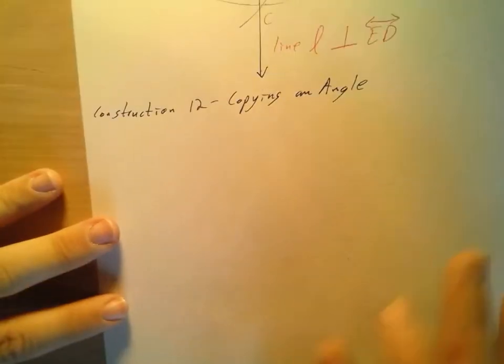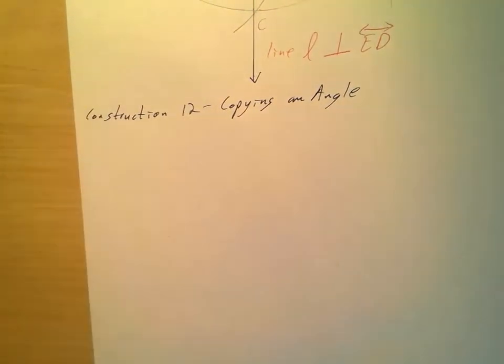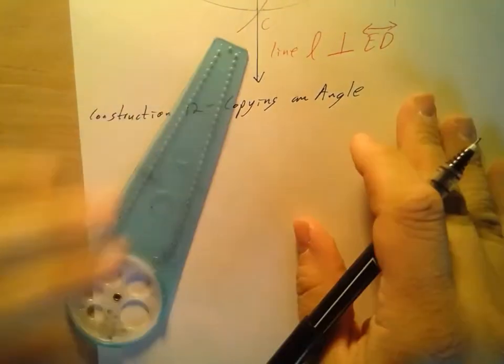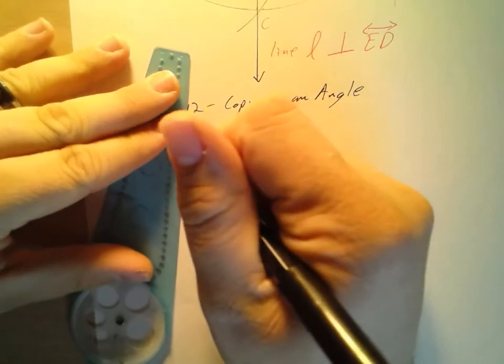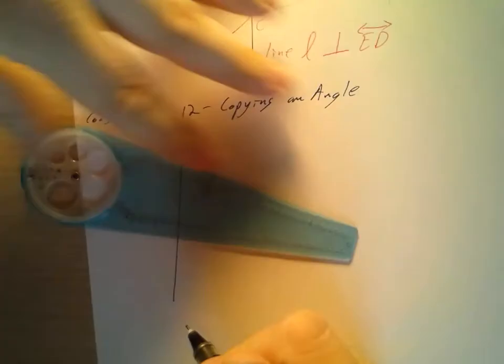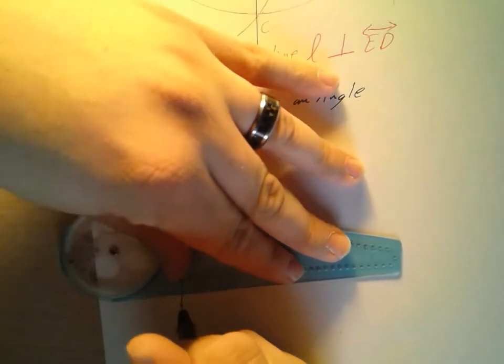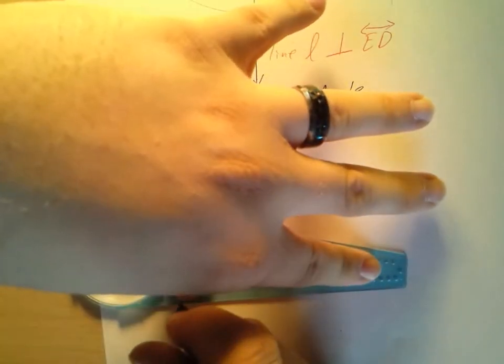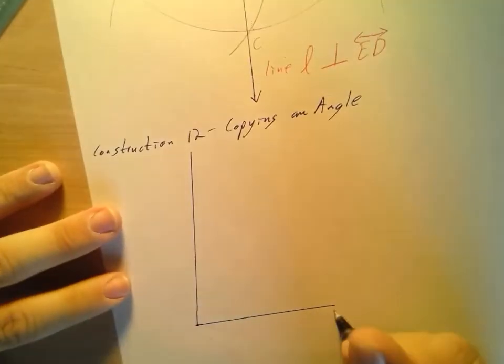Next up, copying an angle. So now we're going to switch into angles. In order to copy an angle, you're going to be given an angle. So I'm given an angle.